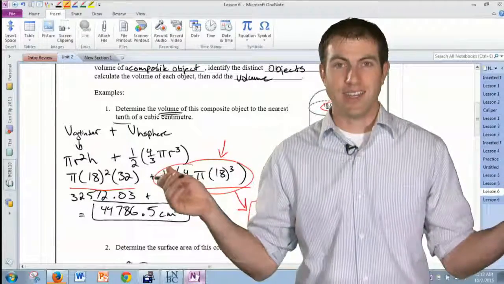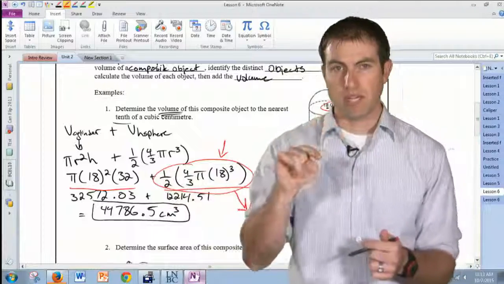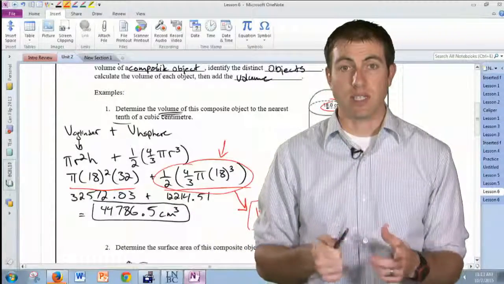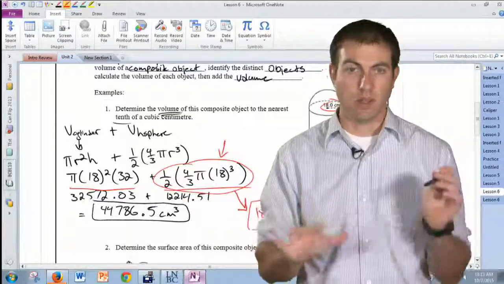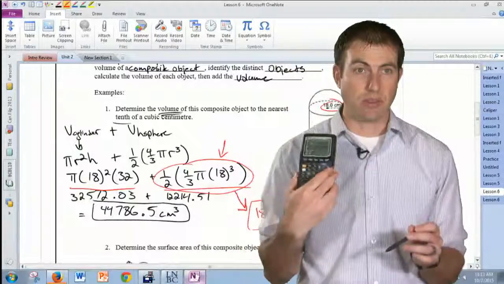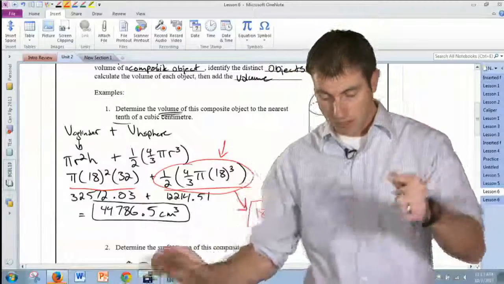Taylor found pi. Excellent. Sometimes it's a secondary function, so you have to press shift and then find it. But definitely any scientific calculator will have it. It's just a matter of finding where it is on the buttons. Some calculators have a button. My big fancy TI-83 doesn't have a pi button. I have to go shift to get to the pi.